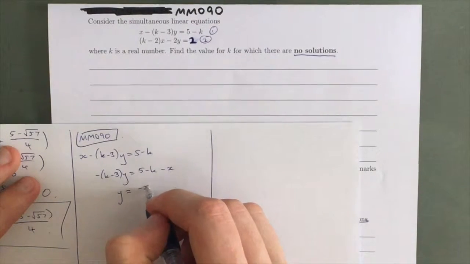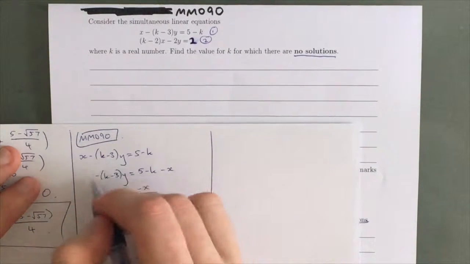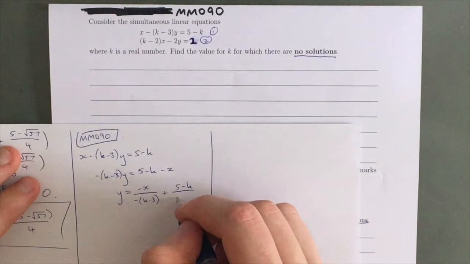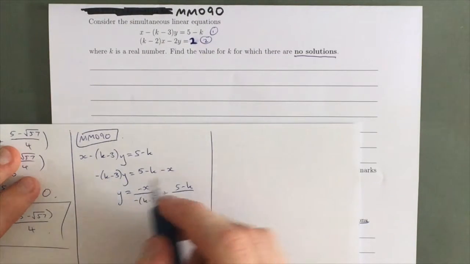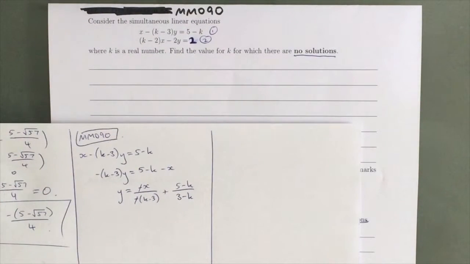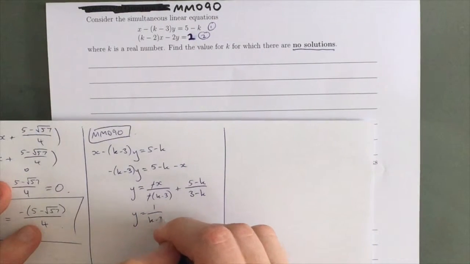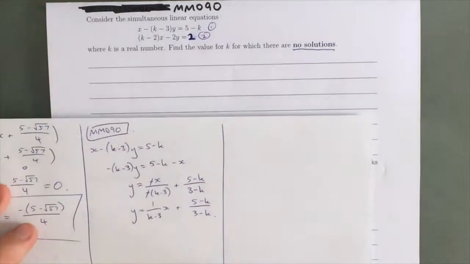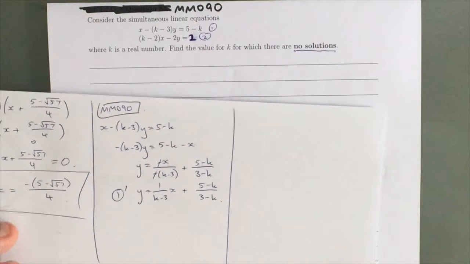So this is negative x over negative (k minus 3), I'm just dividing both sides by that, plus (5 minus k) over negative (k minus 3), which is the same as (3 minus k). And these two negatives both cancel out. So we end up with y equals 1 over (k minus 3) times x plus (5 minus k) over (3 minus k). Awesome. So this is our first modified equation.